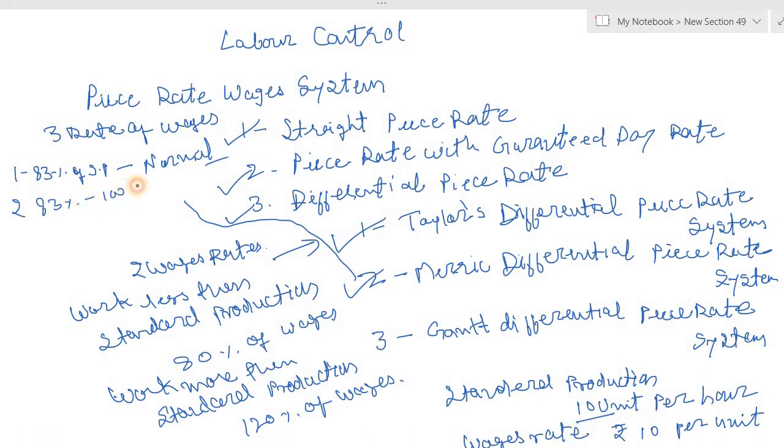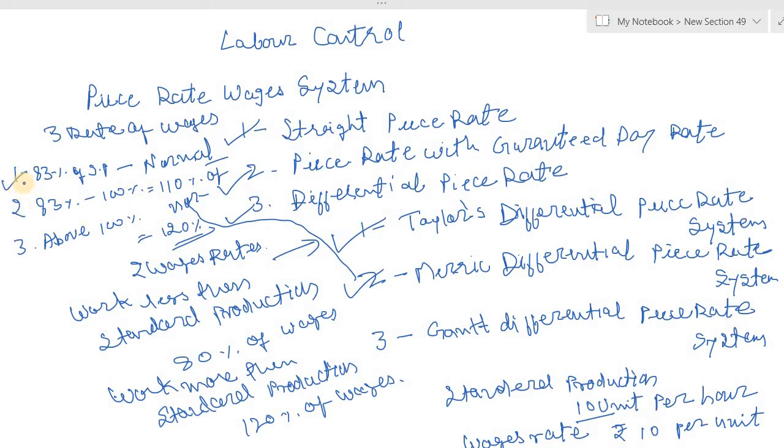the rate will be 110% of normal rate. The third one is above 100%, then the rate will be 120% of normal wages. There are 3 different rates of wages.